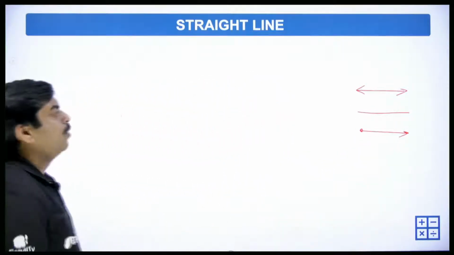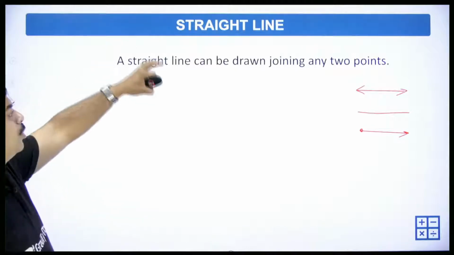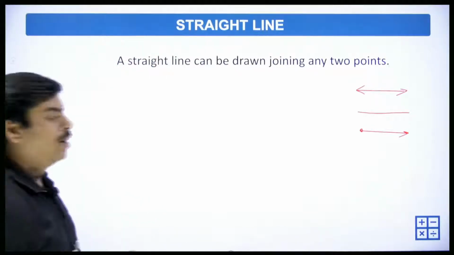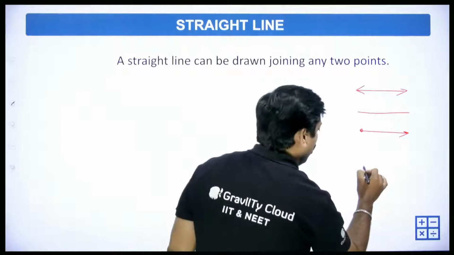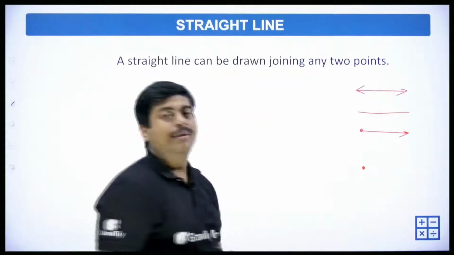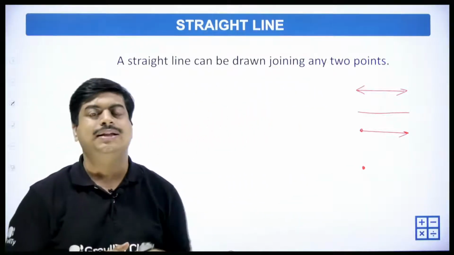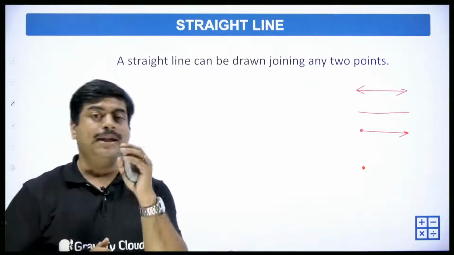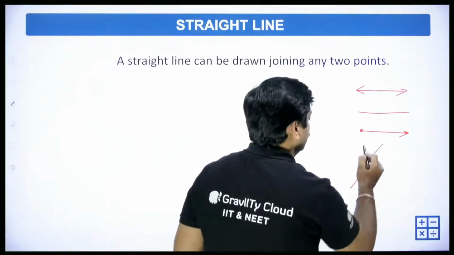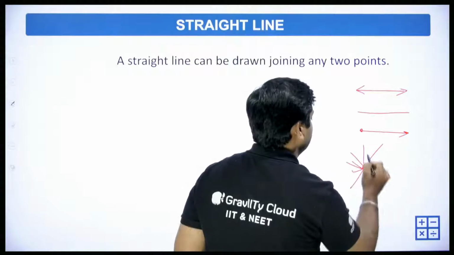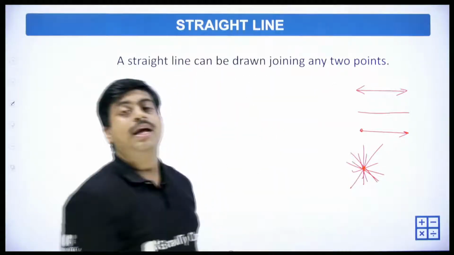Correct? Now a straight line can be drawn joining any 2 points. For example, if you have only 1 point, how many lines can be drawn using this point? 1, 2, 3, 4, 5, 6, 7, 8, 9, 10, and so on.